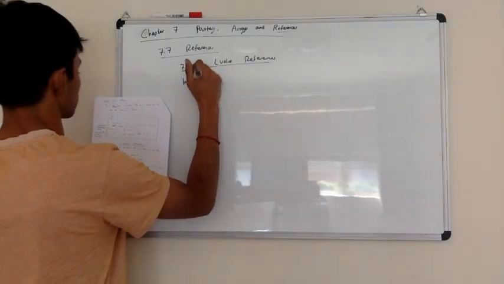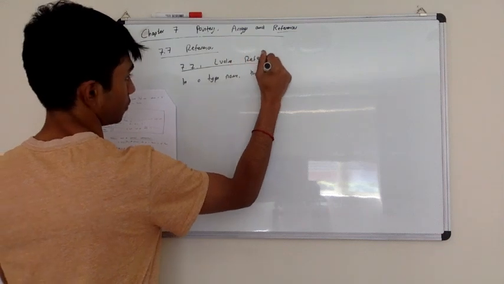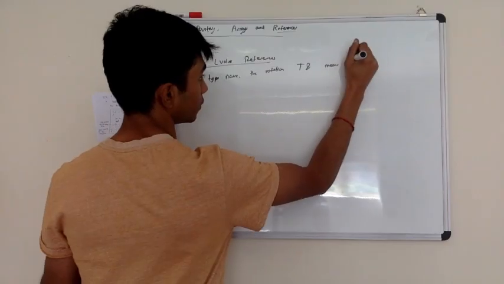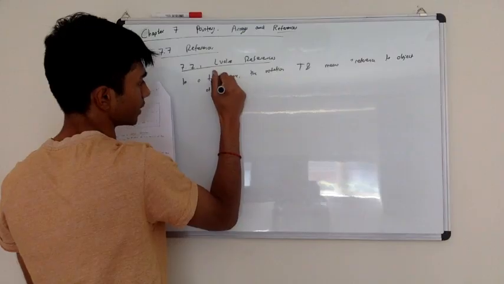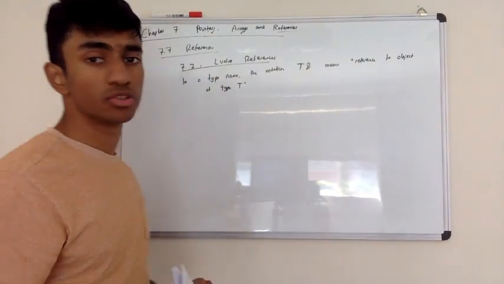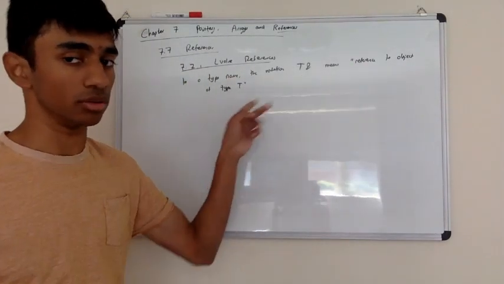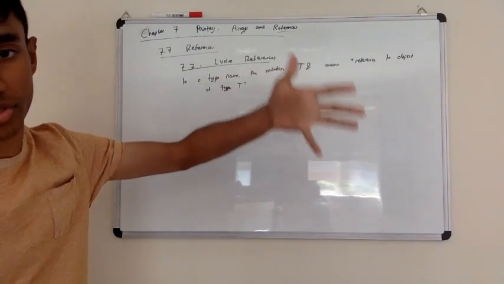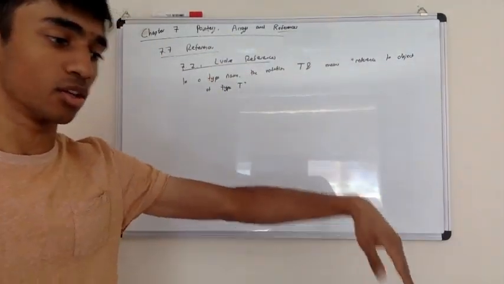So now we get some examples. In a type name, so when we're declaring an object or a variable, the notation T ampersand means reference to an object of type T. This is somewhat similar to the pointer notation, where T star means pointer to an object of type T. This ampersand just means reference, not to be confused with the address-of operator, which you would see on the right hand side of a declaration rather than on the left.